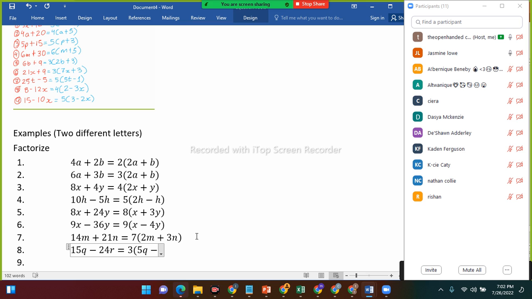No, remember you have to try to multiply something by 3 to get 24. 8r, very good. So 3 times 5 is 15q, and 3 times 8 is 24. So that's how we do it.